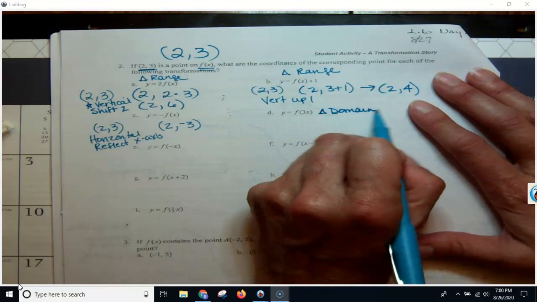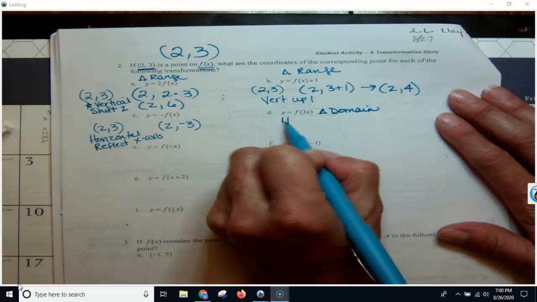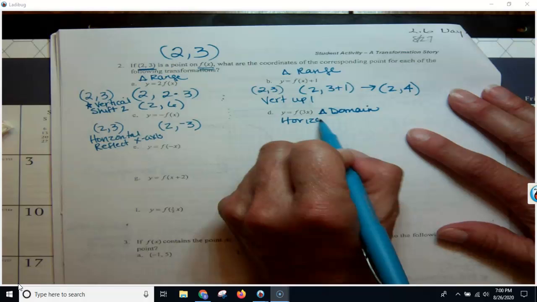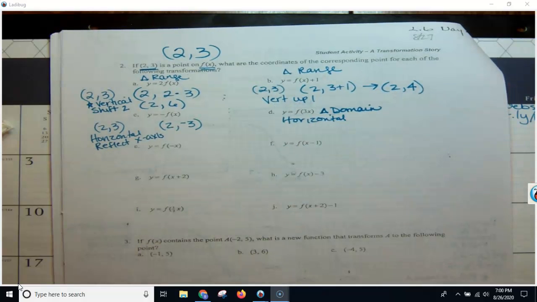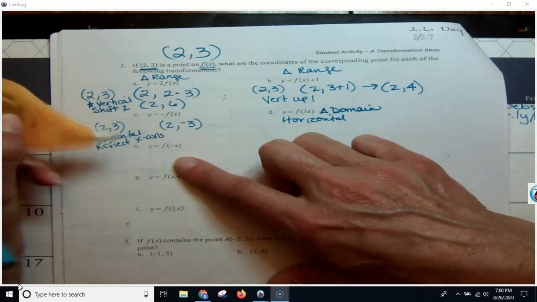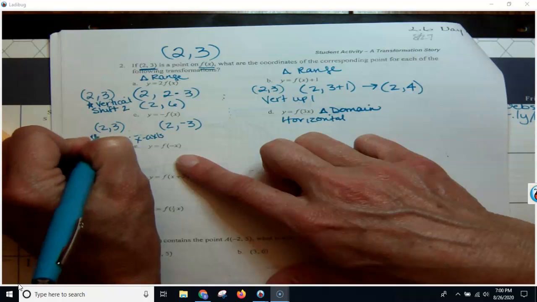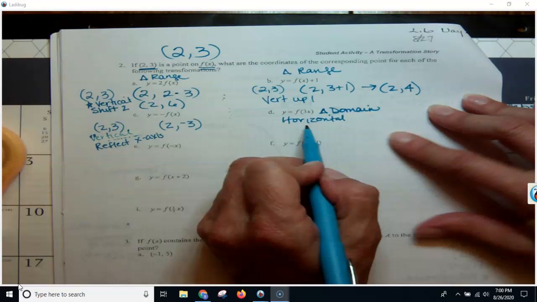Okay, now this one, this is going to be a change in the domain because it's inside the parentheses. This is a horizontal. I think I may have misspoke. This should be a vertical reflection. Forgive me. That's a vertical. This is a horizontal.